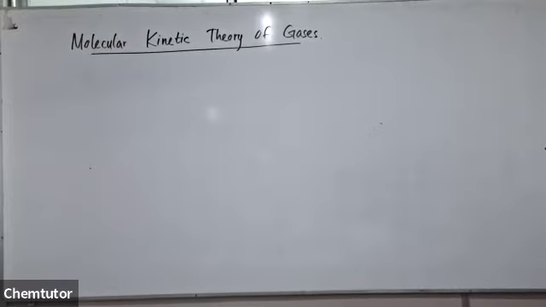Now, due to this reason, we can say that the gas particles are widely separated. So they have relatively very low densities when compared to liquids and solids, because the particles are arranged far away from each other. They are far apart from each other. Is it clear?